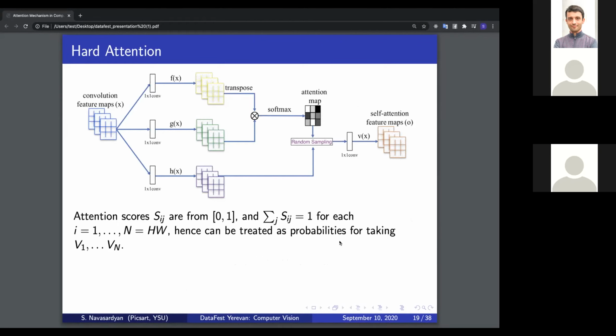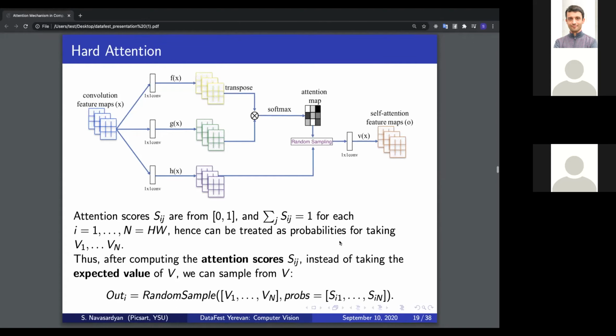Another version of attention can be used if, instead of taking the expectation of values, we just randomly sample from these values with the probabilities si1, ..., sin for the i-th output.